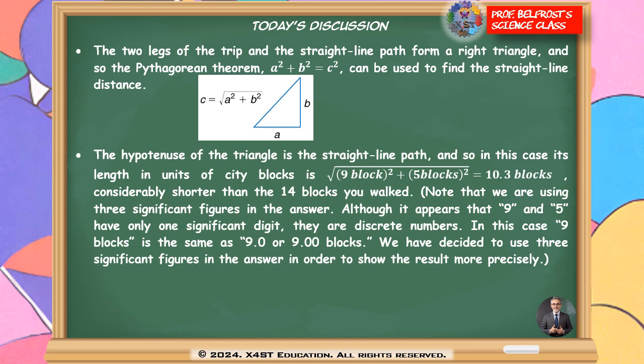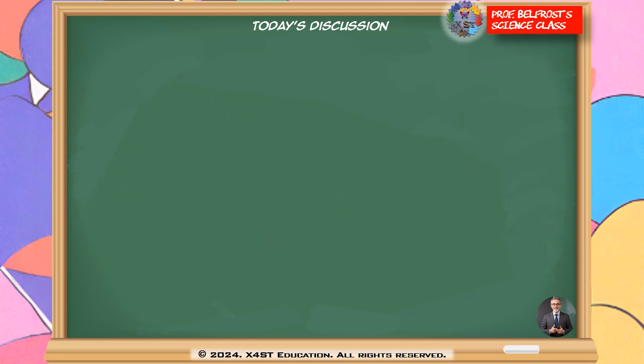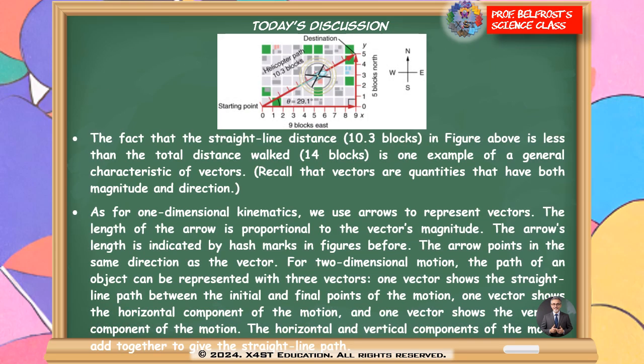I've also discussed the difference between total distance and displacement in the previous chapters, and I really hope that you understand this concept well. The fact that the straight line distance in the figure above is less than the total distance walked is one example of a general characteristic of vectors.